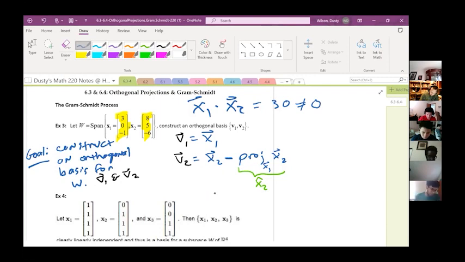So v2 is going to be x2 minus x2 hat. That would be x2 dotted with v1 over v1 dot v1 times v1.